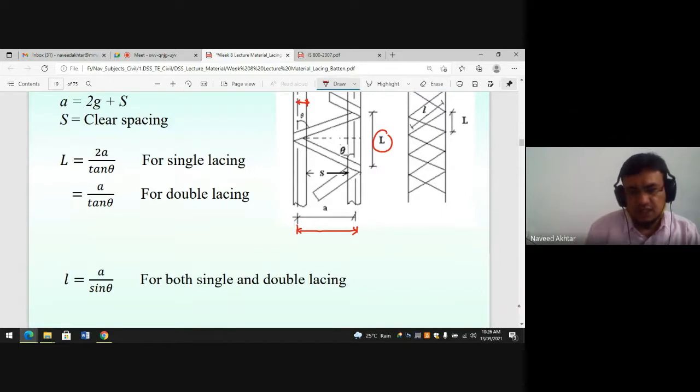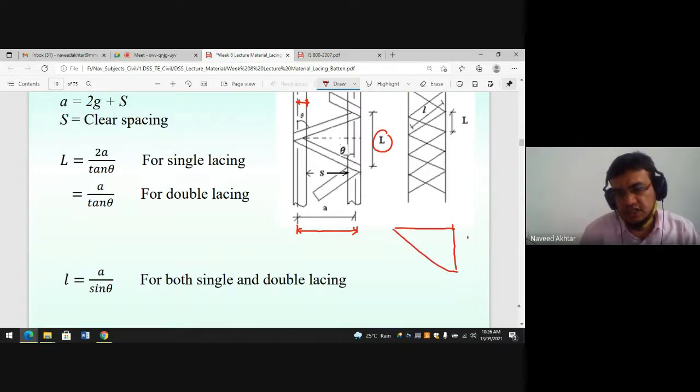अगर मैं यहाँ पर फिगर बनाता हूँ तो this one is L by 2, this is theta, and this is A. So tan theta means opposite upon adjacent.